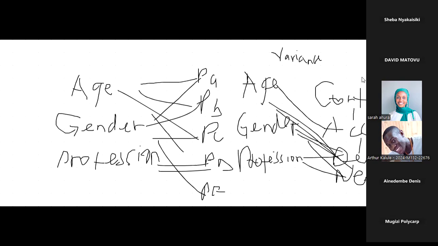Now, if I pick profession out of it, when we talk about variance and we have different professionals, let us say we have doctors amongst your participants, you have teachers, you have businessmen and businesswomen. In terms of access to devices, what is the variance?